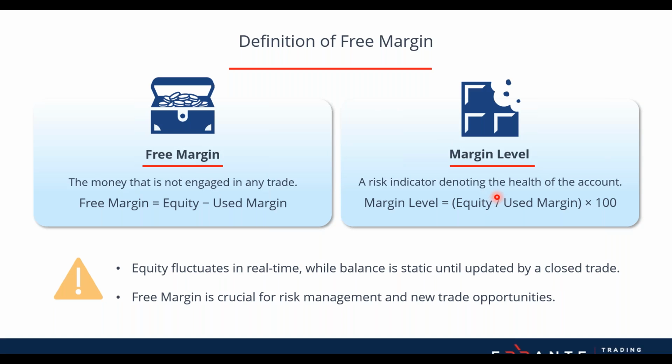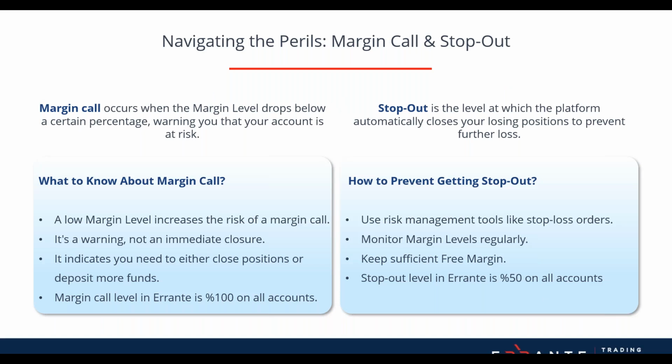It is calculated as equity divided by used margin times 100 and serves as a vital health check of your account. So bear in mind that the free margin is crucial for risk management and new trade opportunities, while the equity fluctuates in real time. Sorry, balance is static until updated by a closed trade.